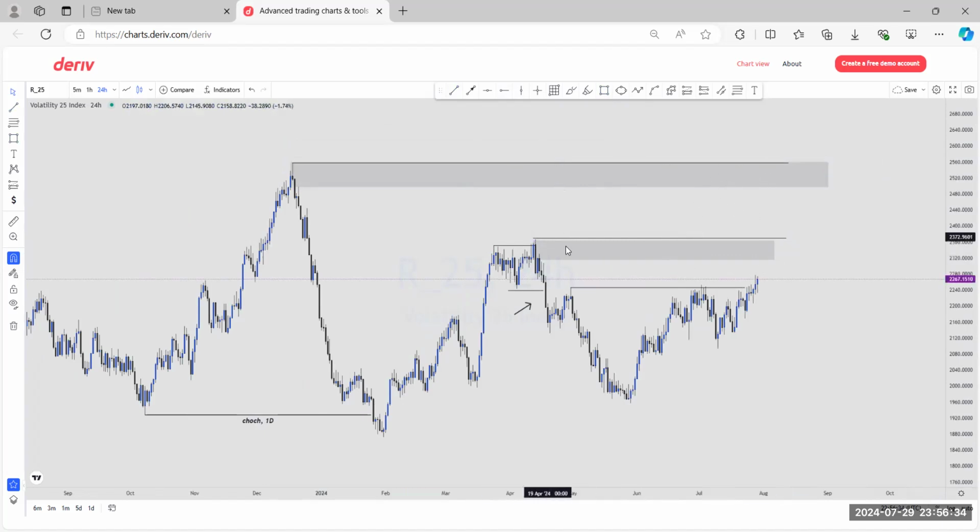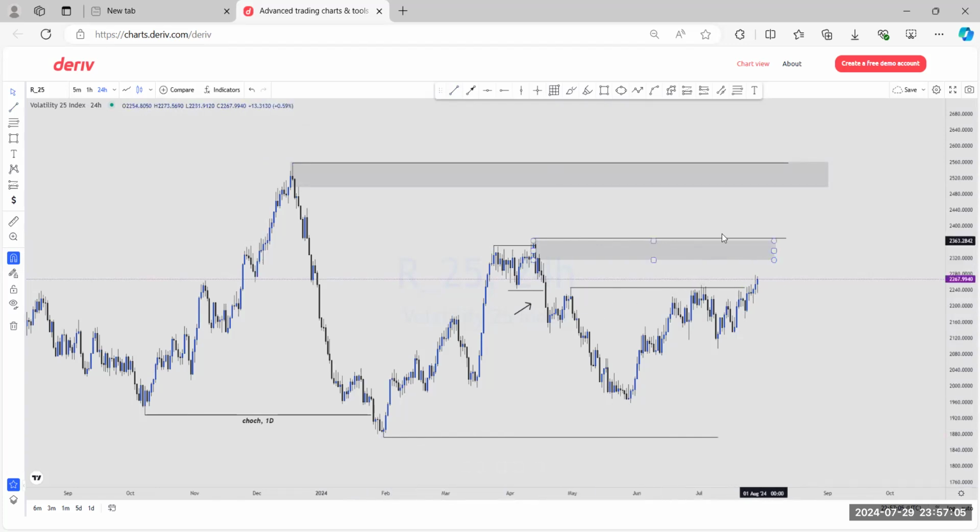Price is most likely to use this as liquidity for this POI. Why? Because from here, as price was pushing down, it failed to take out this low. And once this low has been intact, it means that the bullishness is still intact. And this high is a weak high because it failed to take out this strong low, structural low. All right.